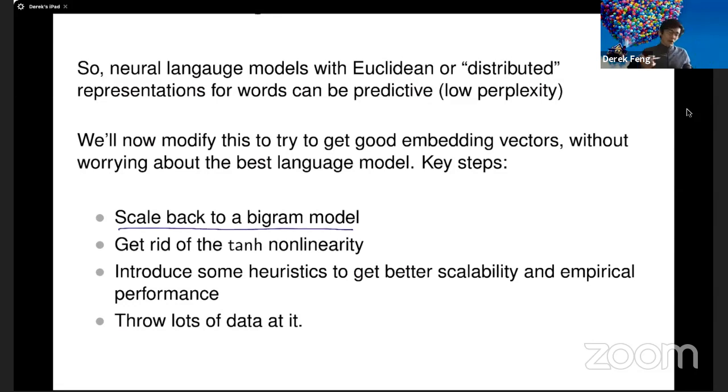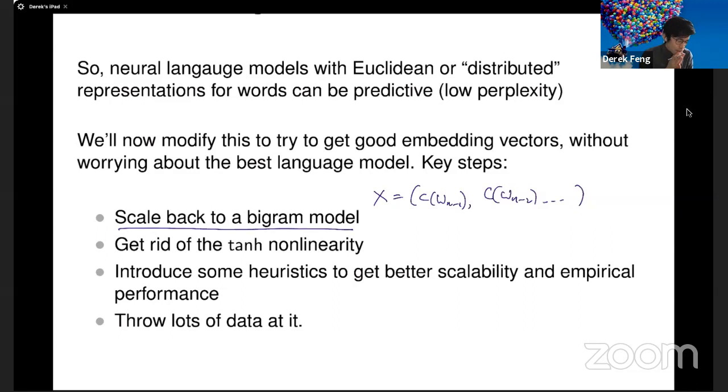And if you remember, X was a concatenation of C of W n minus 1, C of W n minus 2, and so on and so forth, right? So with that model, it becomes much more complicated. And so what they decided was, okay, let's just forget about these n-grams. Let's just focus on bigram. Obviously, that makes this the simplest, right?